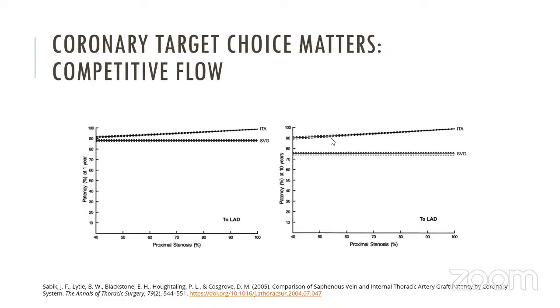Obviously, you all know from competitive flow, or what is the idea of competitive flow? This is a situation when you have flow through the conduit and the native coronary, and competition. And we all know from studies on arterial grafts that they have high vasoactive capacity, and they can react to the reduction in graft flow, which is seen during scenarios of competitive flow.